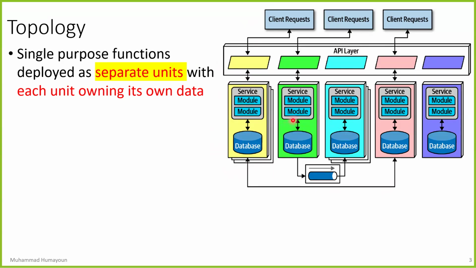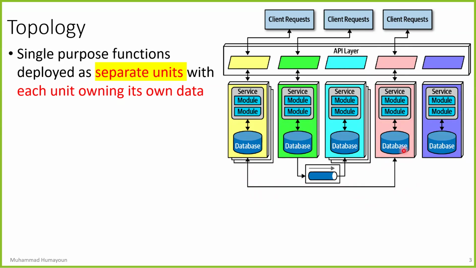Let's say another request comes from a client, and it is about updating our data warehouse. And let's assume that this service deals with everything related to data warehousing. So we have this one over here. And sometimes they need to communicate. So this arrow represents that.